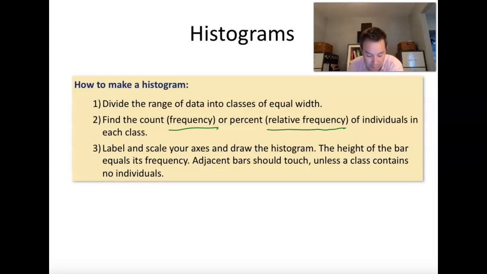The height of the bar equals its frequency, or relative frequency, depending on which scale you decided to use. Adjacent bars should touch unless a class contains no individual. Sometimes we call the classes that we divide these into bins. Sometimes we call them buckets.